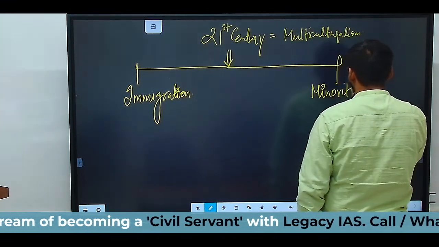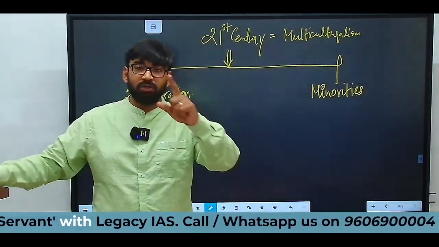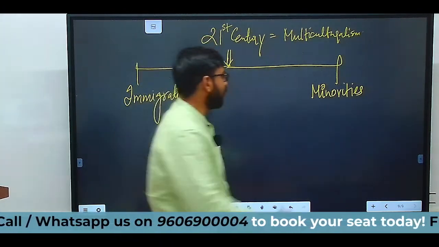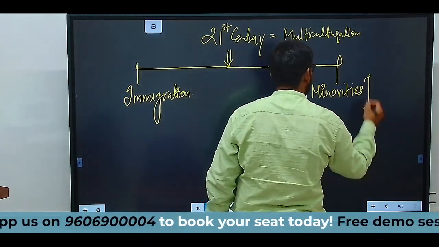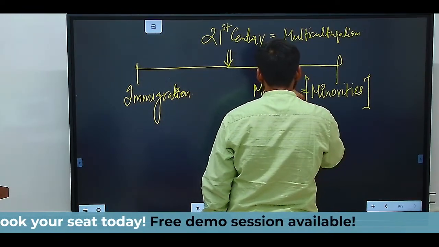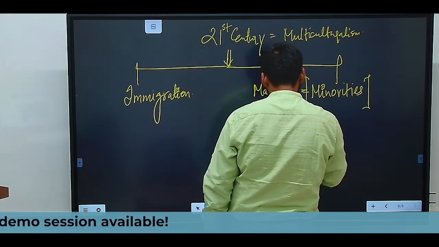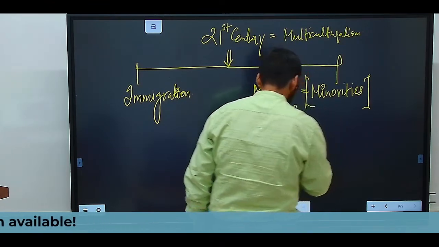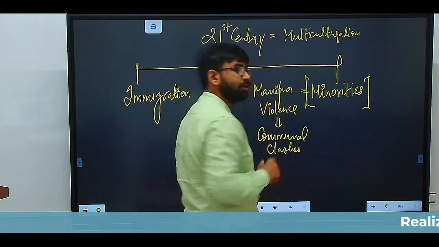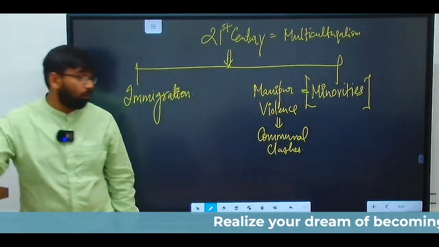Now when I am saying minorities, there is an issue which is going on: Manipur violence, communal clashes. Getting my point? You should connect these topics with current affairs also. Clear?